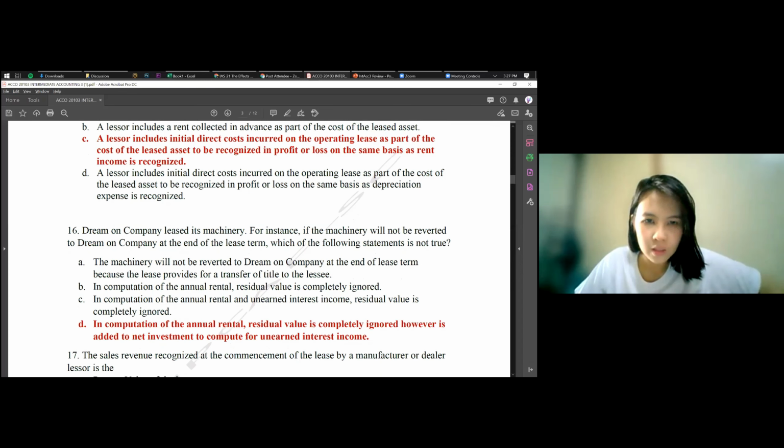So all of these were true except for this, because it should be completely ignored, right? And not added to net investment. Okay. So always remember that for our gross investment, it has to be a guaranteed residual value. Okay?